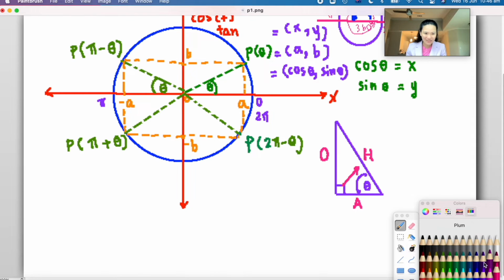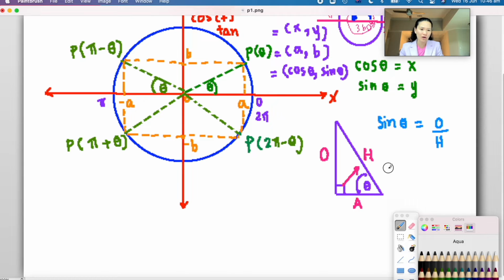I just would like to recap super quick. Sine theta. Do you remember sine theta? Sine theta equals opposite over. Do you remember this one? Opposite over hypotenuse. Very good. How about cos theta?